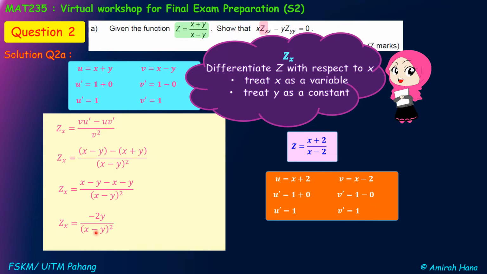No need to expand the denominator. From z_x equals negative 2y over (x minus y) squared, we also can write z_x equals negative 2y times (x minus y) to the power of negative 2.